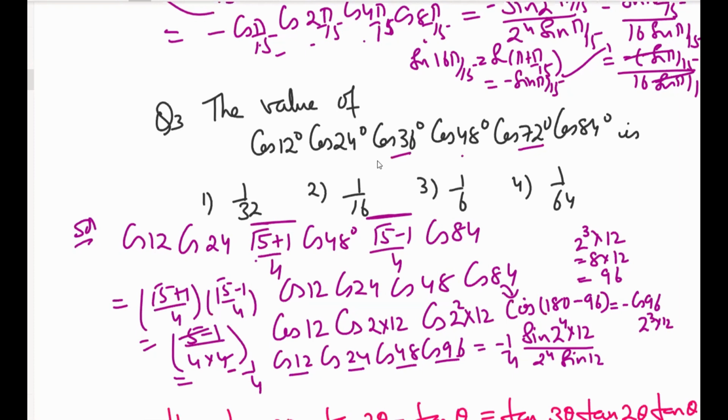So let's complete this question first. Now what we get from here is minus 1 by 4 and 2⁴, that is 16 into 12, sin 192 upon 2⁴, that is 16 into sin 12.